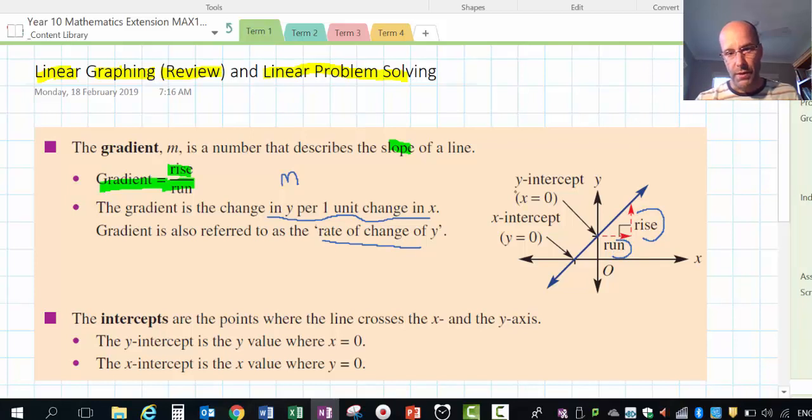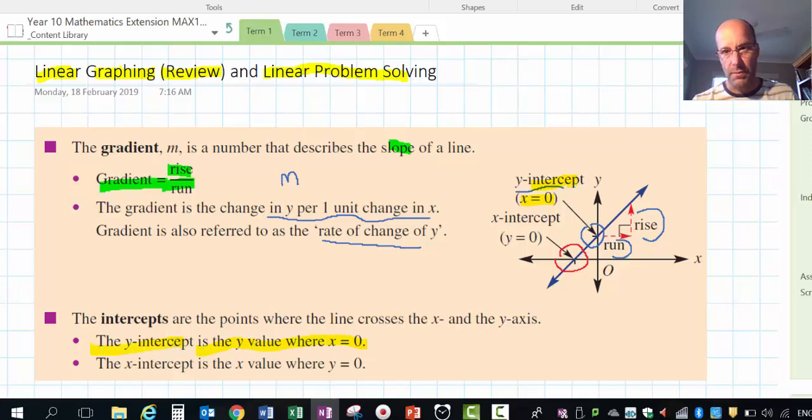We've also got the intercepts: the y-intercept, where the graph cuts the y-axis, and then the x-intercept, where the graph cuts the x-axis. It's very important to remember and understand that the y-intercept happens when x equals 0. You can see that there.